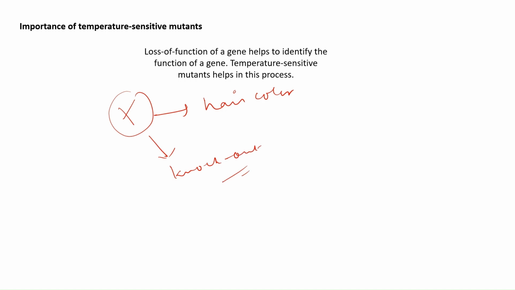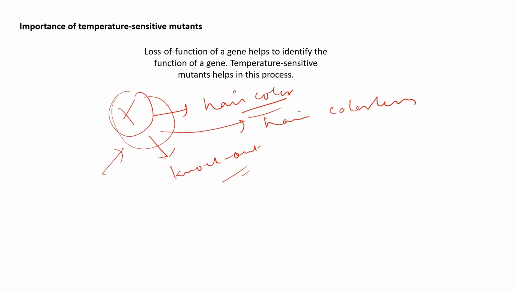Once we make it non-functional, if we see that the hair became colorless, and again after switching on the gene the hair became colored, then we can say that the hair color is due to this particular gene X.